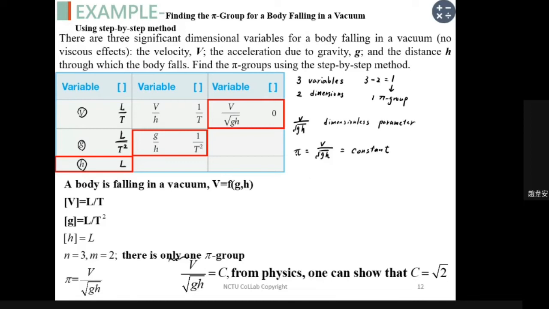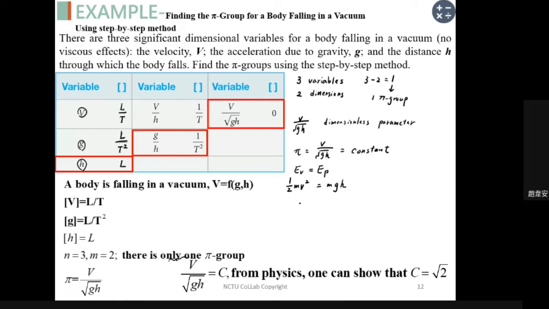But based on the physical ideas, we know that for these problems, we need to satisfy the energy balance, right? So the kinetic energy needs to equal the potential energy. Based on these basic ideas, we know that one half m v squared, the kinetic energy, needs to equal the potential energy mgh.